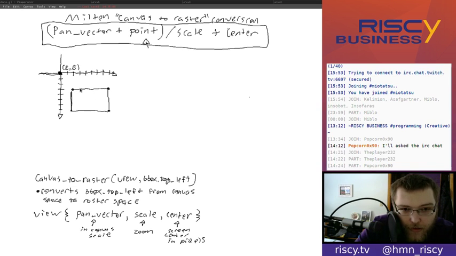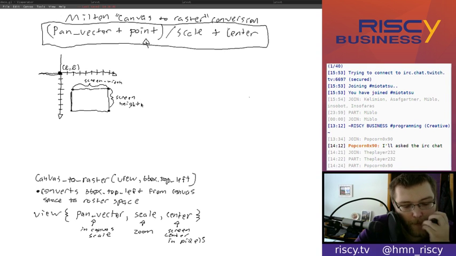So basically what we have here is screen width, screen height, and we need to know those basically for the raster conversion.